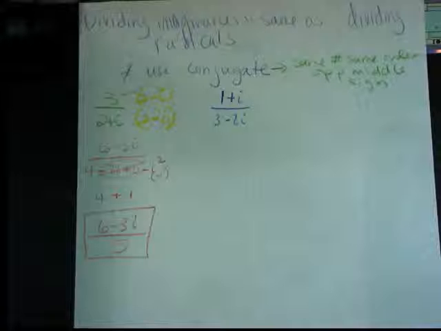So I need to multiply by the conjugate. The conjugate, same number, same order, opposite middle sign. So what I want you to do right now is pause the video, set up your conjugate, and see if you can work it out, and then come back and follow the steps and see if you were able to match up. So pause the video.